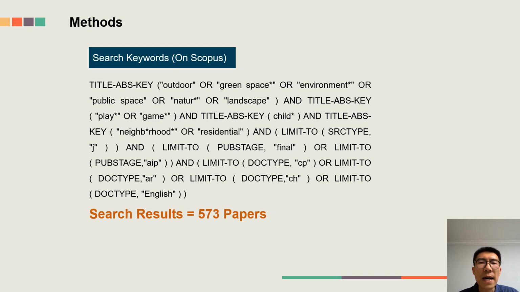The initial search results were 573 papers, conducted in July 2022, with the search keywords as follows. As you can see, the search result is 573 papers.